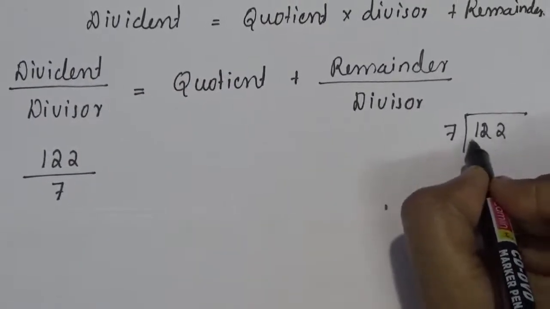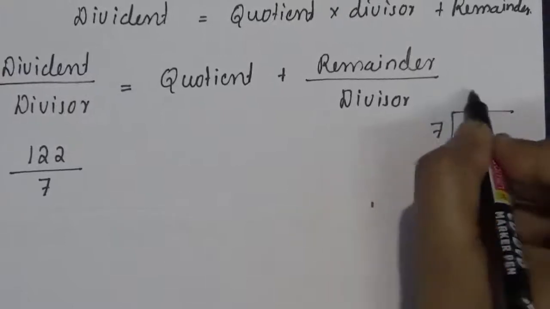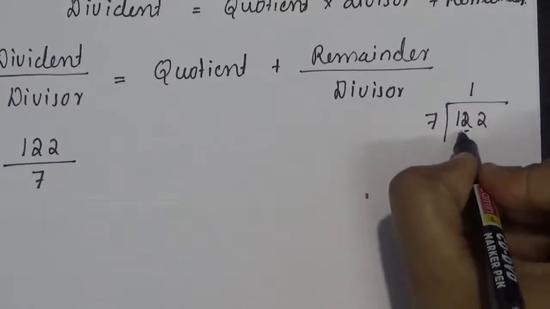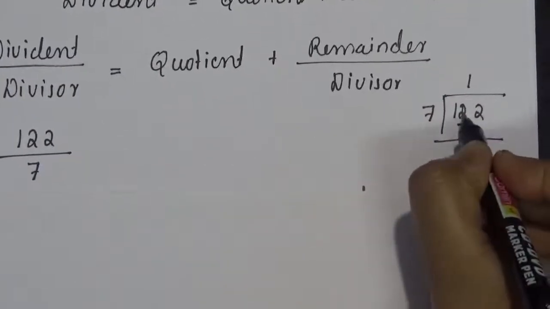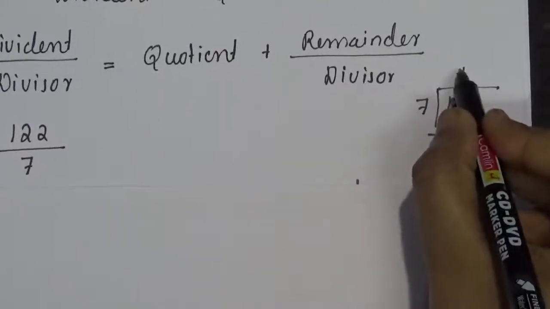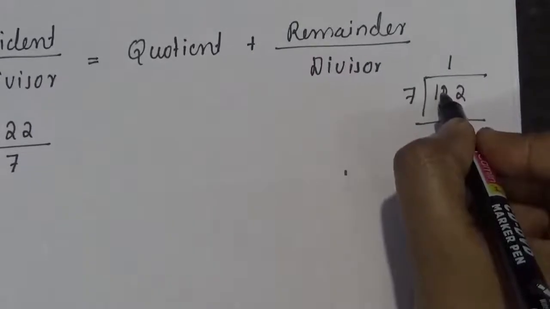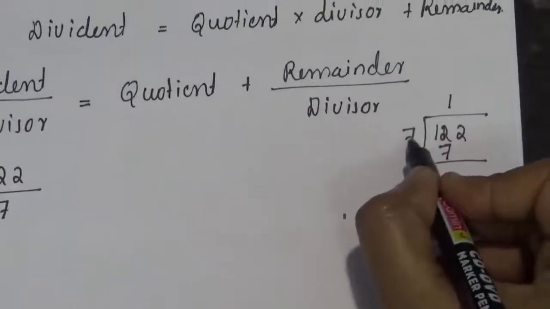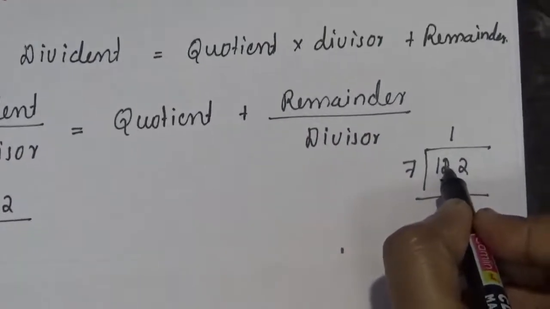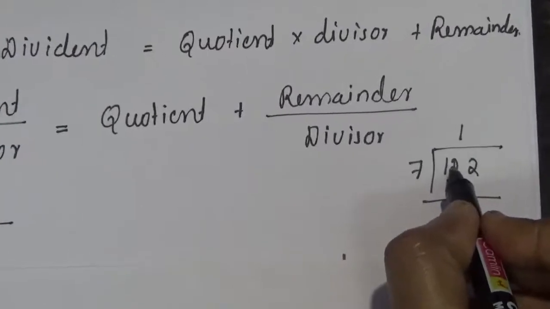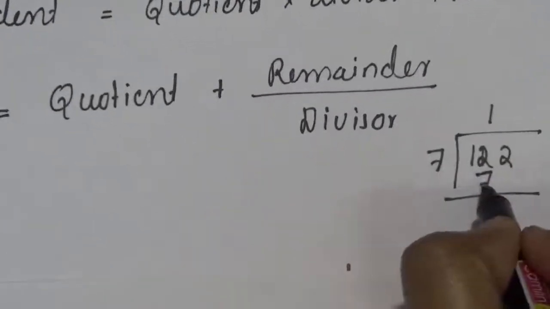That number is 12 here. We know that 1 7s are 7. If you take 2 7s, that is 14, which is greater than 12. So you have to take the multiple of 7 which is closer to 12 and less than 12. It is 7.